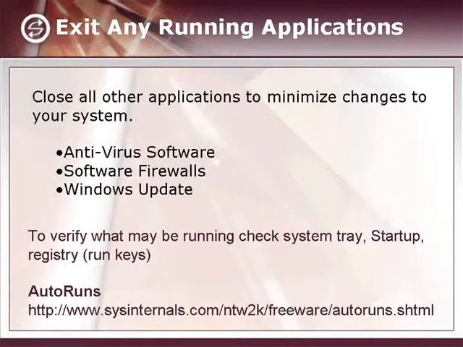If you go to Sysinternals and go to their freeware utilities, you'll find this tool, and it's very helpful in showing you all the things that start up on your system when you launch it. It looks in your logon script, in the registry, in startup, in local system, run once. It checks everything, and it shows you and lets you remove all of these things in a pretty intuitive fashion.